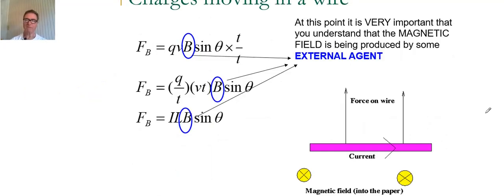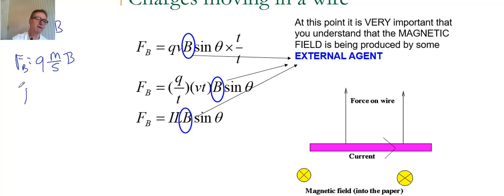So we have our equation, FB equals qvB, and we're going to assume that the sine of theta is just 1. Well, what is velocity? Velocity is displacement divided by time. So we can change this to q times meters per second, times B. Well, what is current?